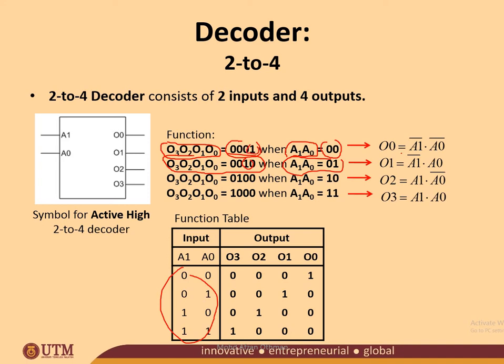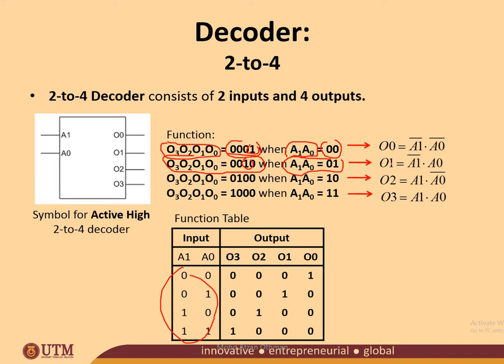By concept, you can see that the first output is output 0. You need to understand and not mix up. If I mention the first output, it doesn't mean O1. The first output is O0, the second output is O1.